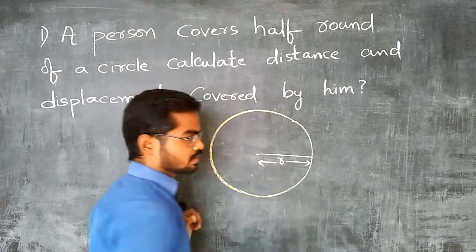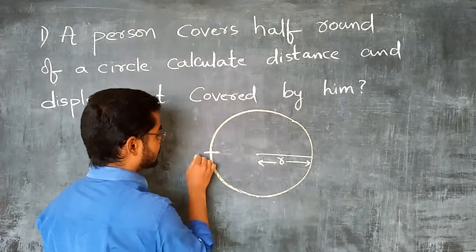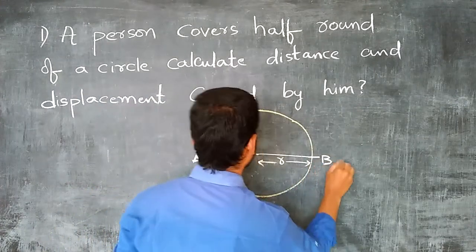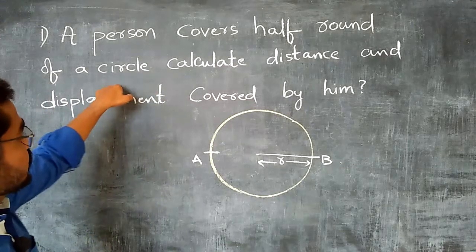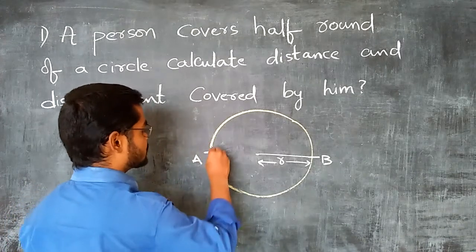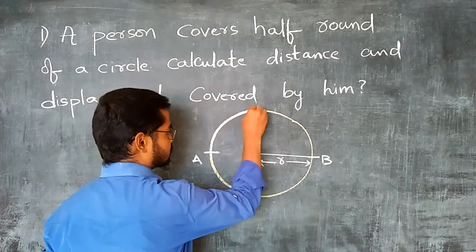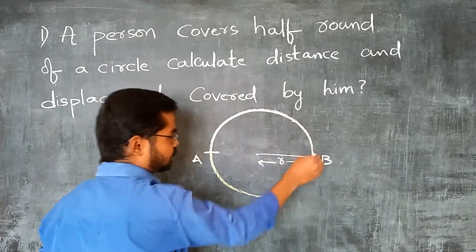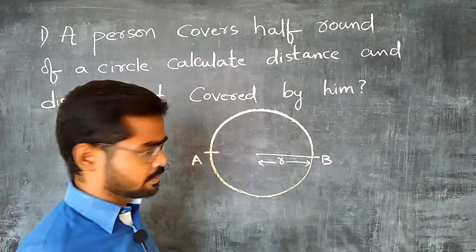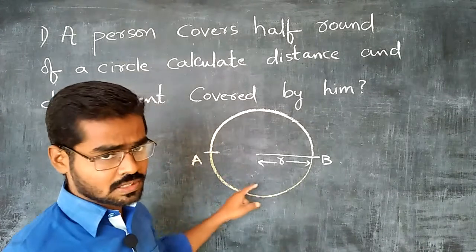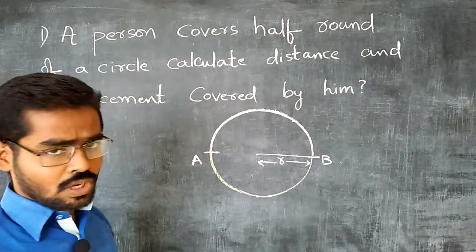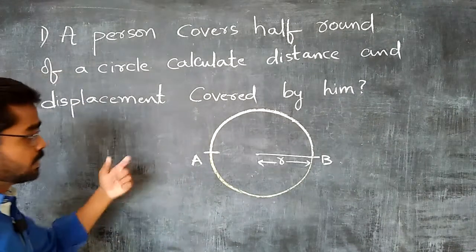For this radius r, a person is starting from point A and reaching point B. When he covers half round of the circle, if he starts from point A, he will be reaching point B. So now, what is the distance and what is the displacement of that person?